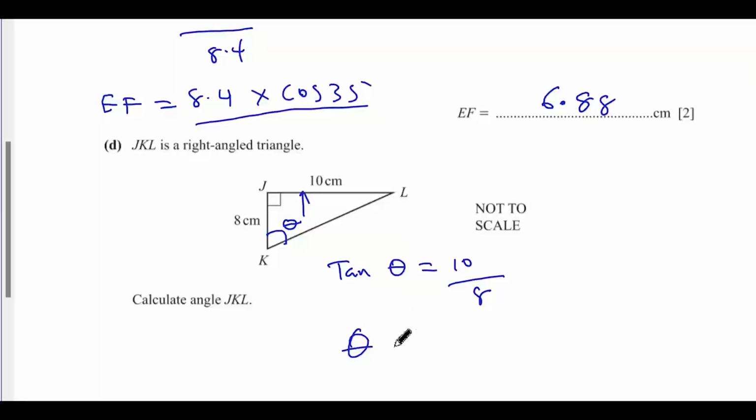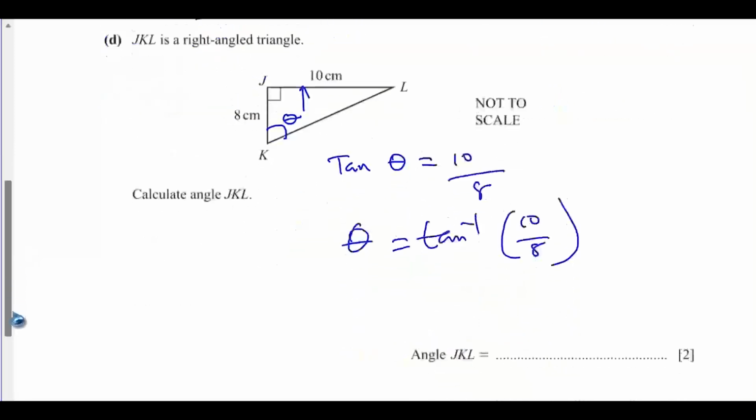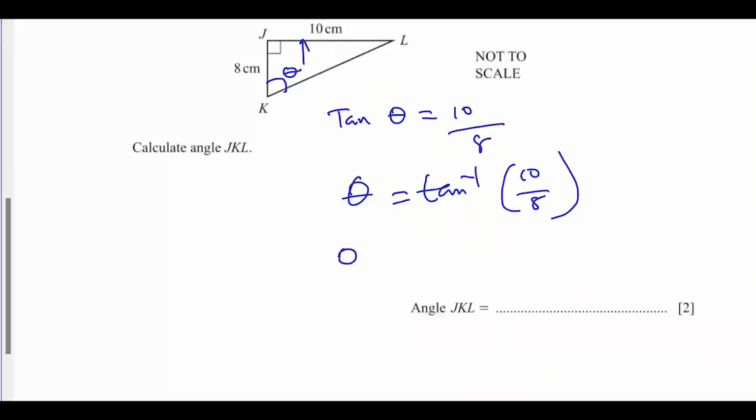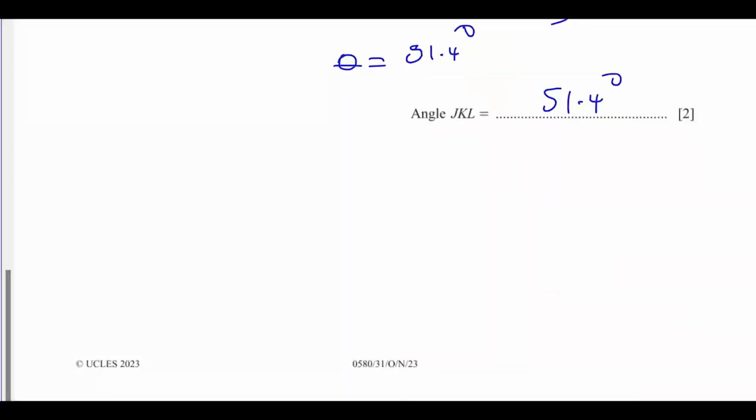So theta equals tan inverse of 10 over 8. If you input this into your calculator, you should get theta to be equal to 51.4 degrees.